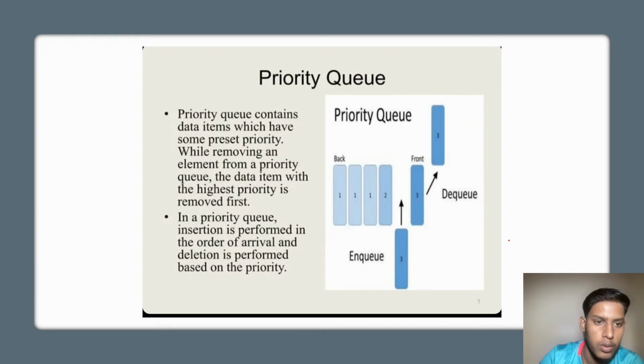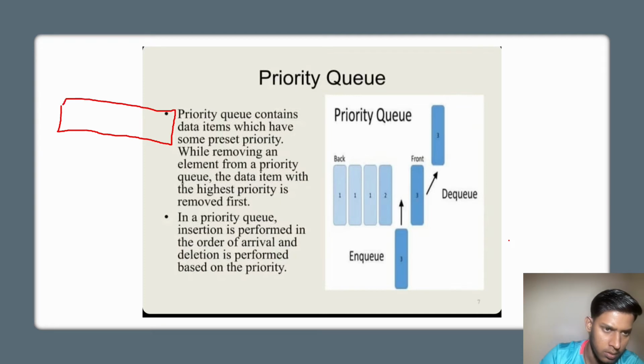Now the priority queue. A priority queue contains data items which have some preset priority. While removing an element from the priority queue, the data item with the highest priority is removed first. This means, this is a list of data.